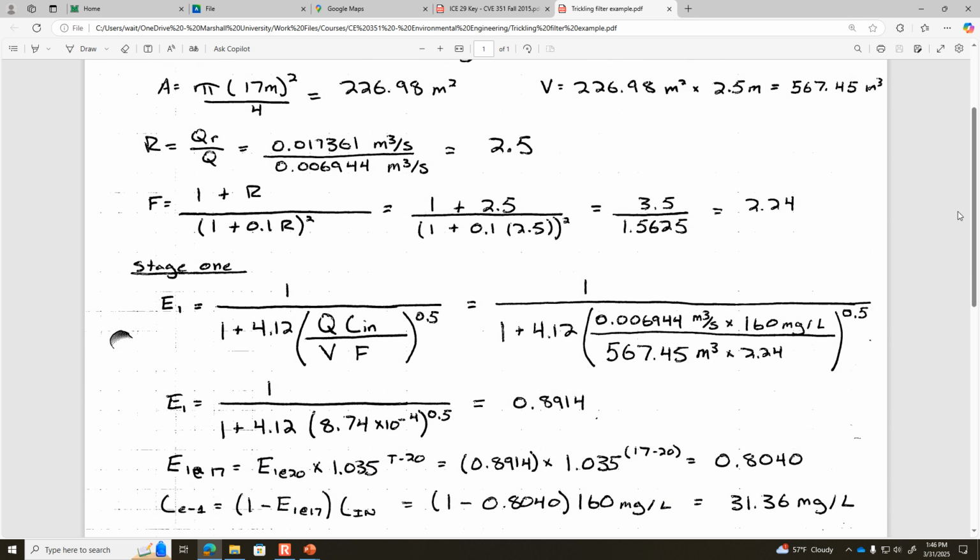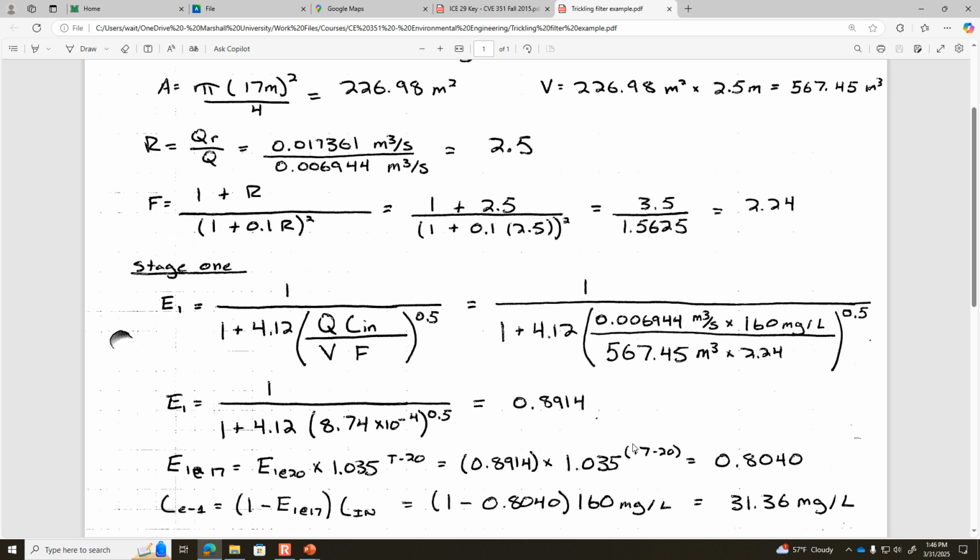So the way that we account for that is we would put in the efficiency at 20 Celsius, which here is 0.8914, and then multiply that by 1.035 to the power of 17 minus 20. So we're 3 degrees colder than what this formula is calibrated for. It's calibrated for 20 Celsius.